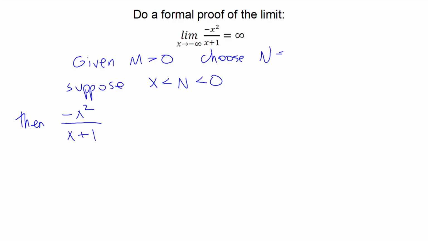And as x goes towards negative infinity, this is a positive value, right? Because we have a negative infinity being squared, which is positive, and then times a negative, and in the denominator we also have a negative. So we end up with a positive value.